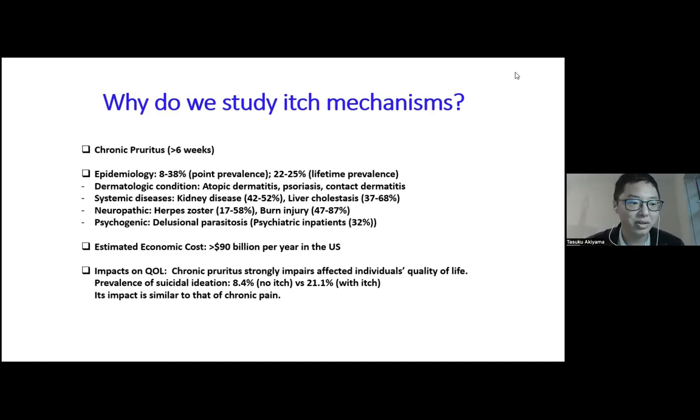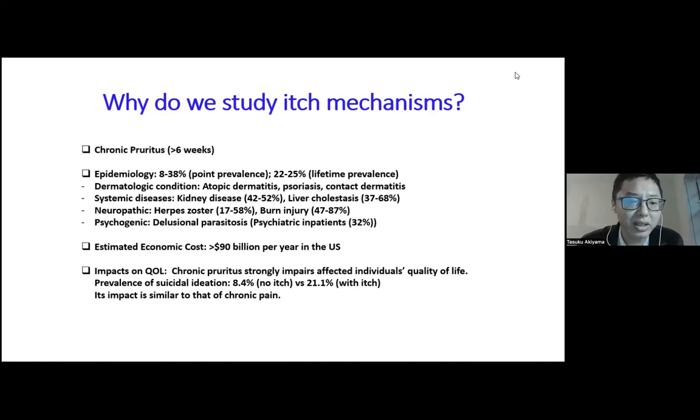After a few hours it's gone, or by treating with an OTC drug, that's easy to deal with. But what we consider is chronic itch. Our society defines chronic itch as lasting more than 6 weeks. And one of the epidemiology studies showed that one quarter of people experience chronic itch in their lifetime.